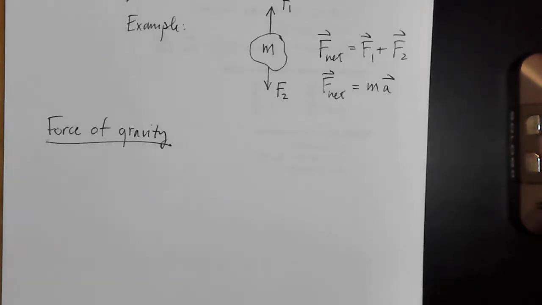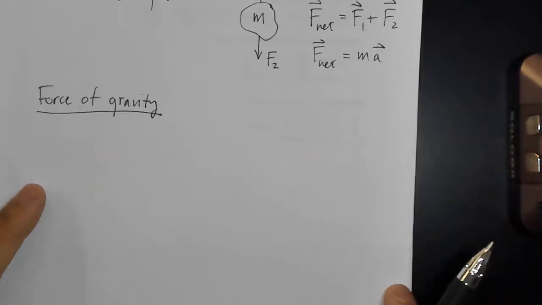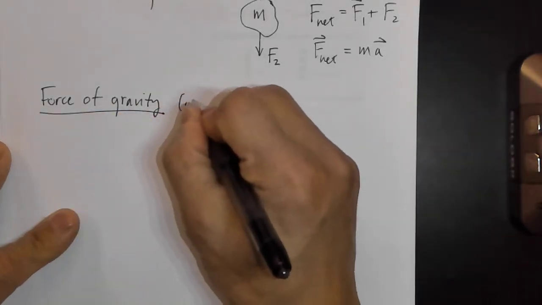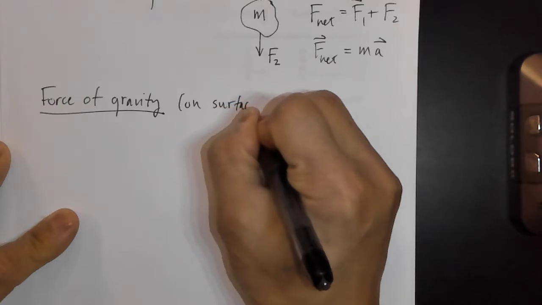But because the radius of the Earth is so huge, thousands of miles, you could ignore that difference and just say that the force of gravity points straight down and there's an acceleration associated with that that's going to be the same everywhere. Okay. Everybody good with this? Okay. So let me tell you the force of gravity on the surface of the Earth. Okay. So we're going to talk about the surface of Earth.